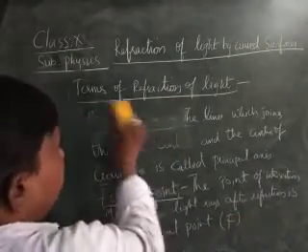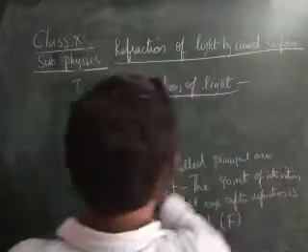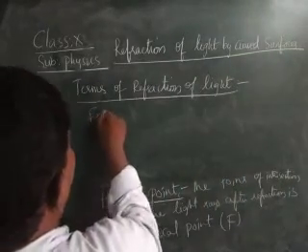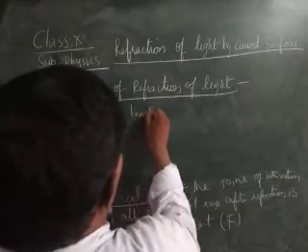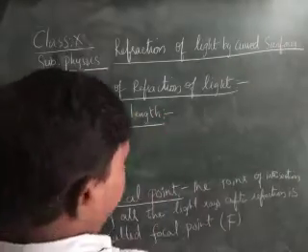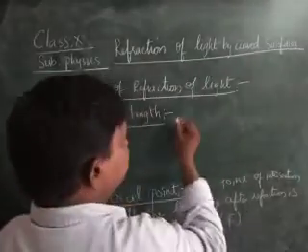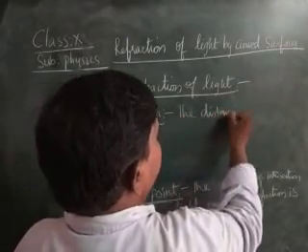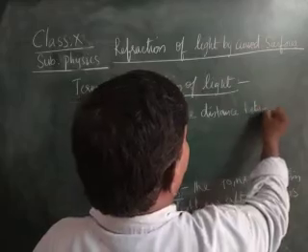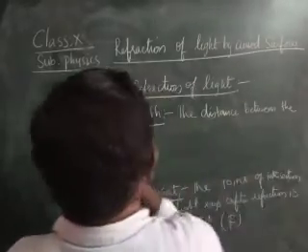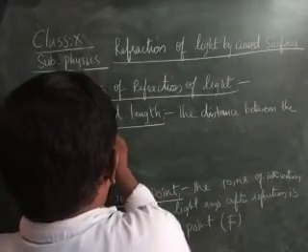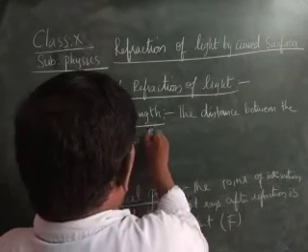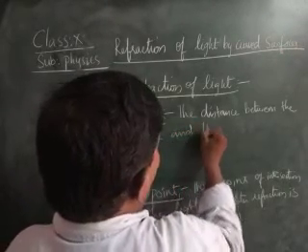Next is the term called focal length. Focal length is the distance between the optic center and the focal point.